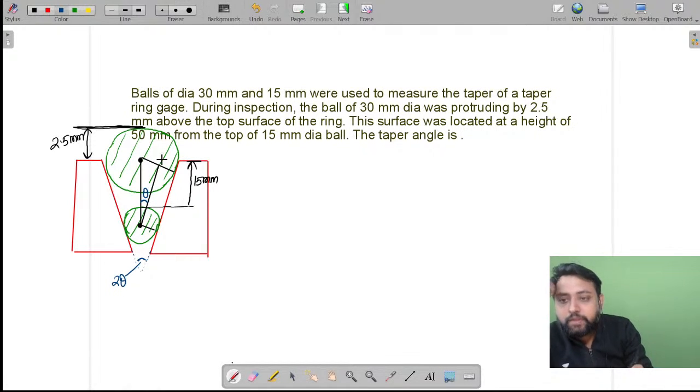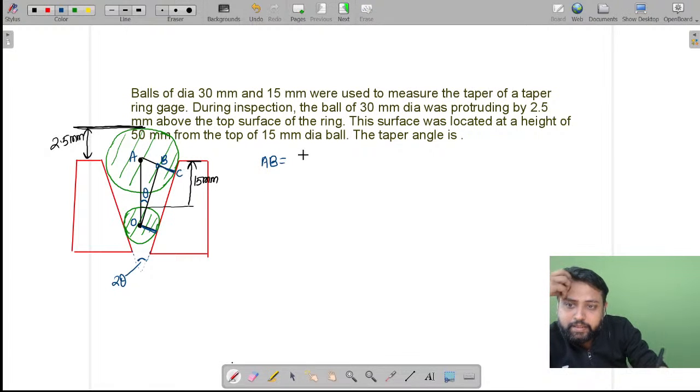Now this is 7.5 mm, the smaller ball radius, and that will also be equal to this 7.5 mm. So if I name it O, A and B, then AB will be how much?